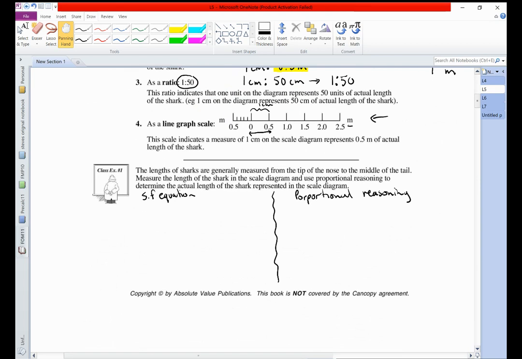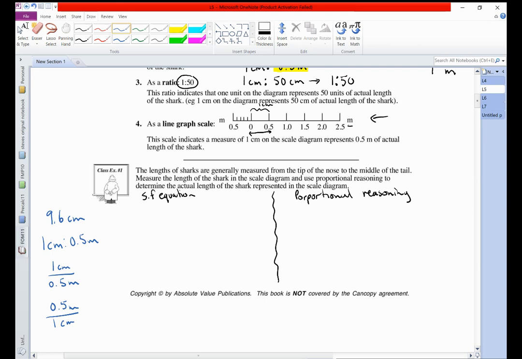So we know that the shark is 9.6 centimeters, and we know that our scale is every 1 centimeter equals 0.5 meters, or you can think of it as 1 centimeter and 0.5 meters, or you can flip that fraction if you'd like. 0.5 meters is representative of 1 centimeter.